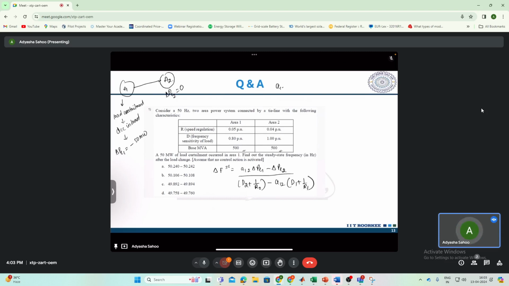So your A12 is minus 500 by 500, that will give you minus 1. So put here A12 minus 1 and PL2 0. So you will get minus PL1 divided by D2 plus 1 by R2 plus D1 plus 1 by R1.